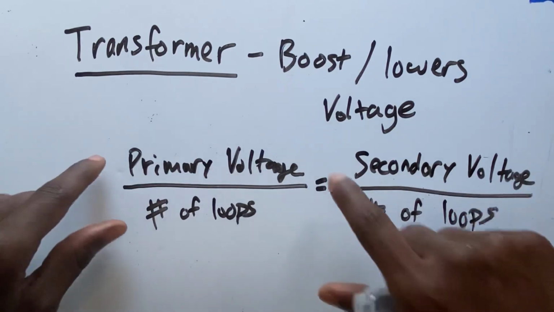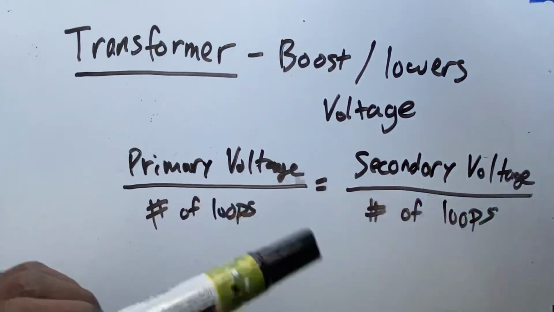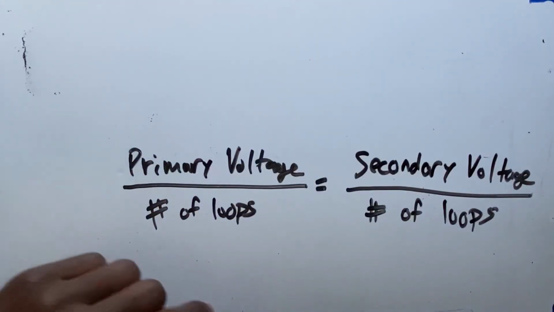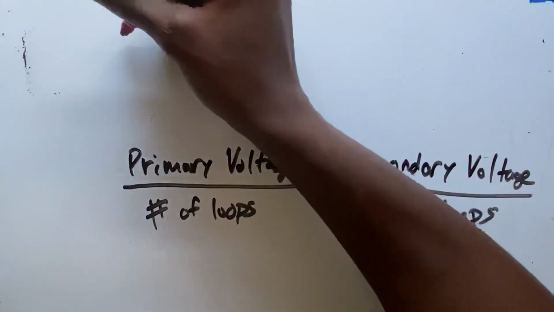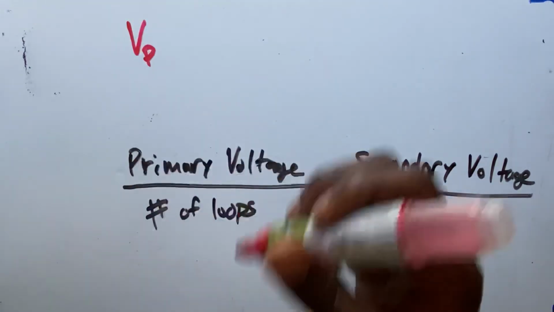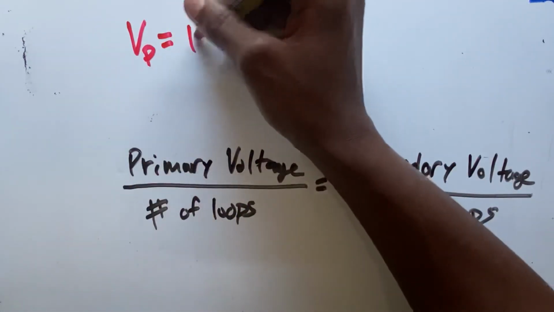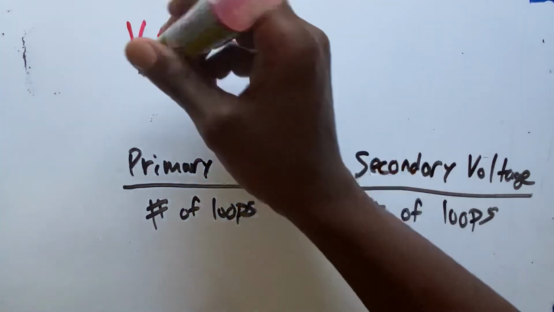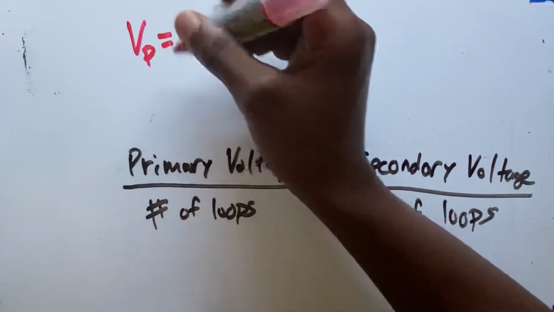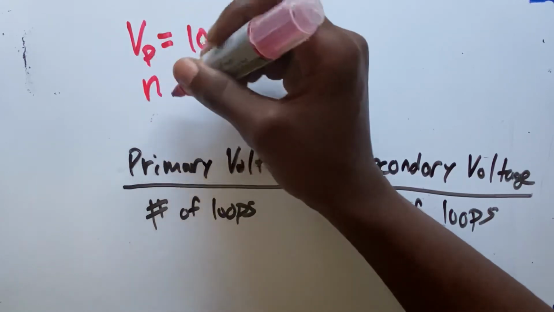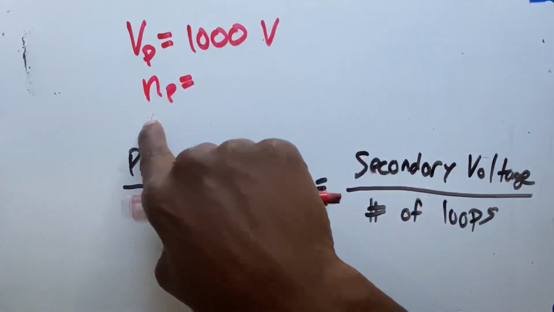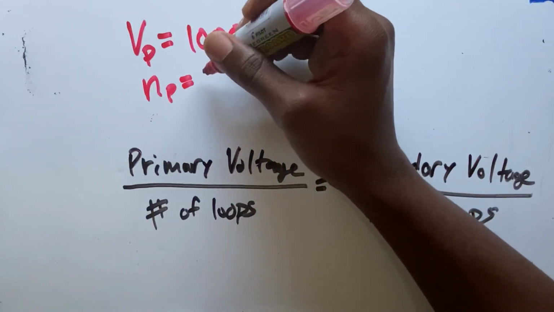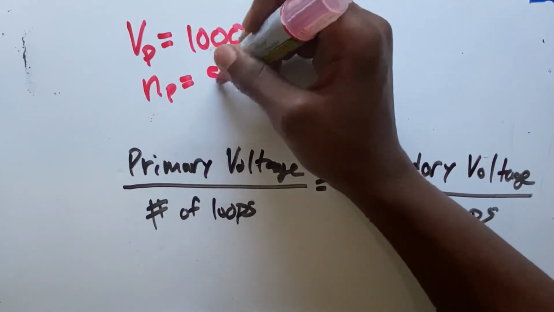So we see here, if we have some primary voltage, let me try to do an example real quick here. Let's say we have some primary voltage, V_P, of 1000 volts. And let's say the number of loops, I'm using N for number, so the number of loops for P, the primary, is, let's say, 50.